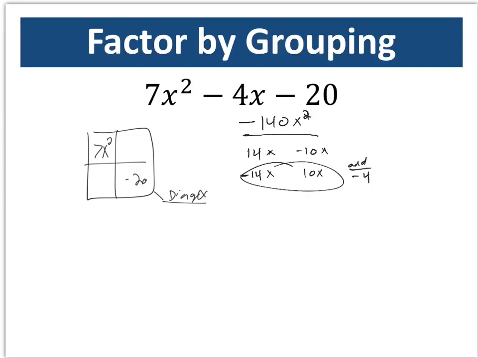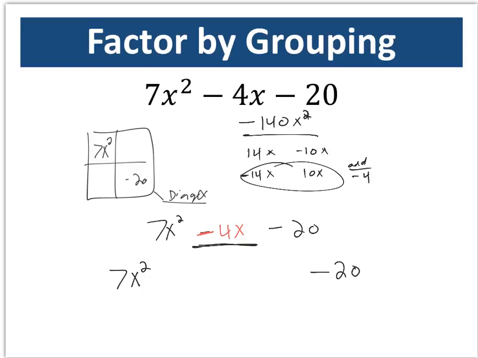So when I think about 7x squared minus 4x, in red, negative 4x minus 20, I'm thinking about how I can rewrite this negative 4x in a way that is going to be helpful for finding groups. So I'm going to rewrite the 7x squared, and the negative 20.